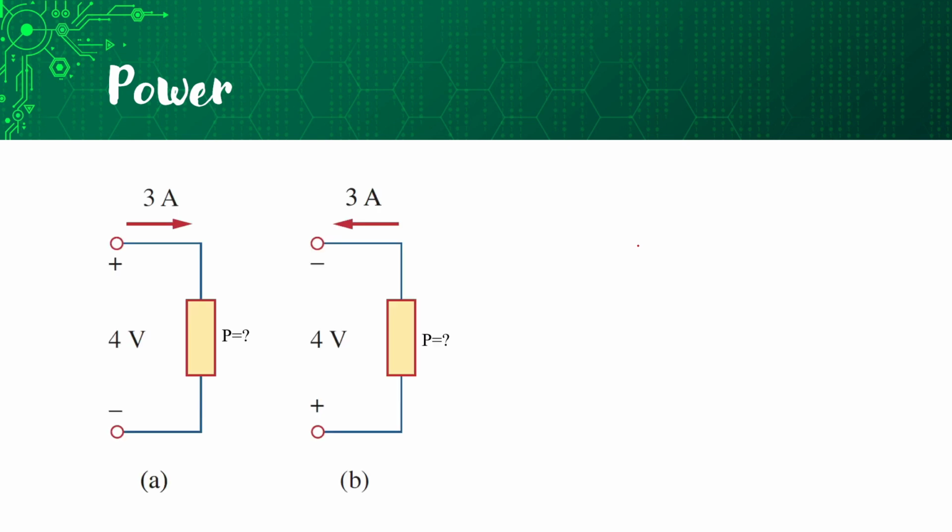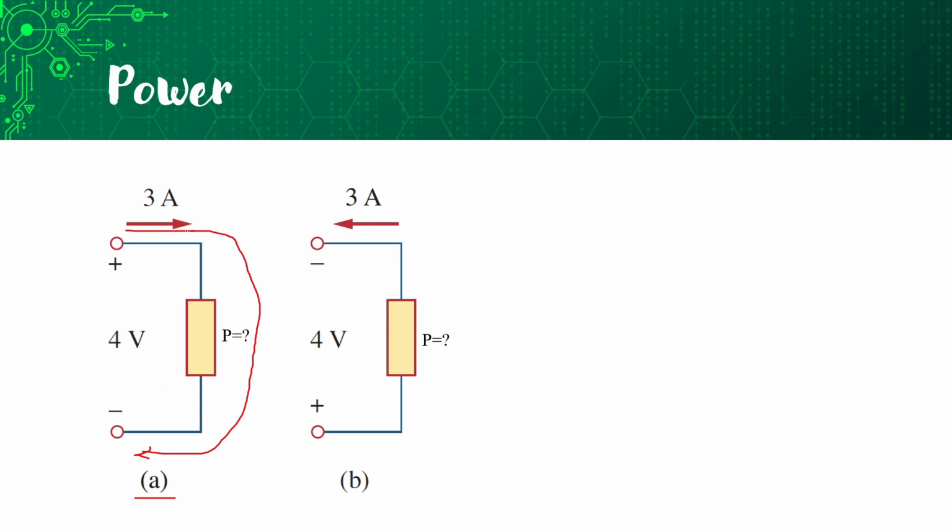To give you an example, let's first solve A. Using the passive sign convention, we look at the direction of the current, which is pointed in that direction, so the direction of the current is a clockwise rotation.